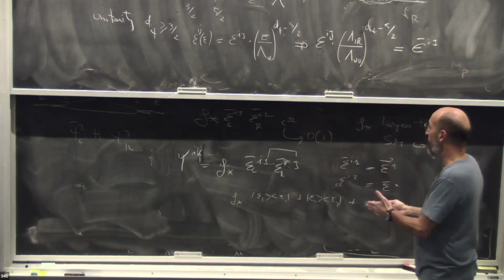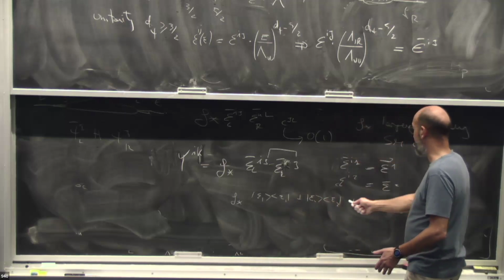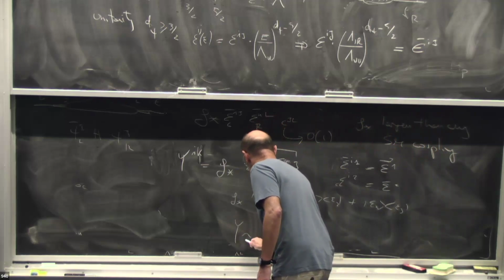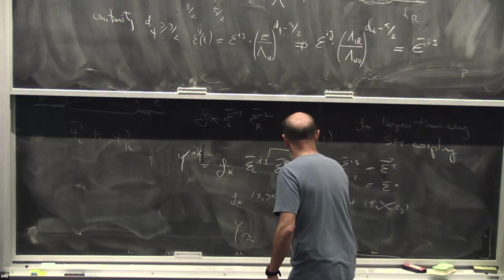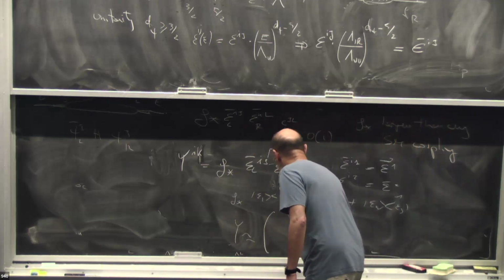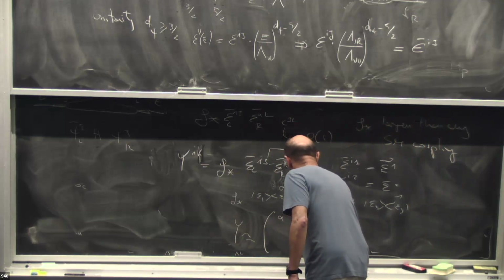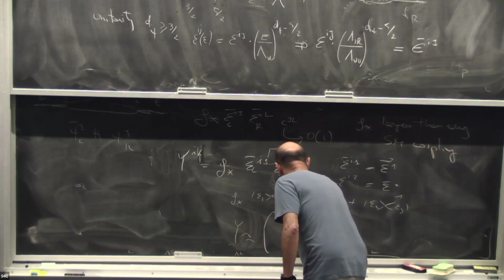And epsilon 1, let's say, is smaller than epsilon 2, and epsilon 2 is smaller than epsilon 3, which means that you get a Yukawa matrix, which is essentially, imagine epsilon 1 is of order alpha squared, epsilon 2 is of order alpha, and epsilon 3 is of order 1. Then you get a Yukawa matrix that has the form alpha to the 4th, alpha cubed, alpha squared, alpha, 1, alpha, and then it's the same.